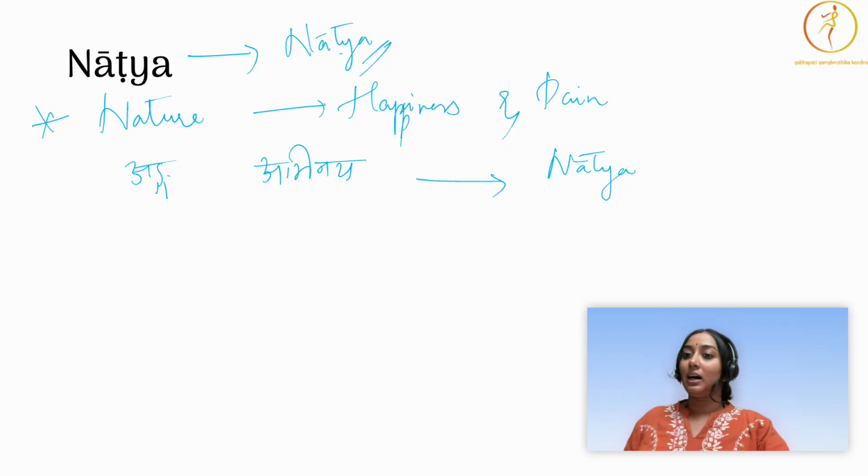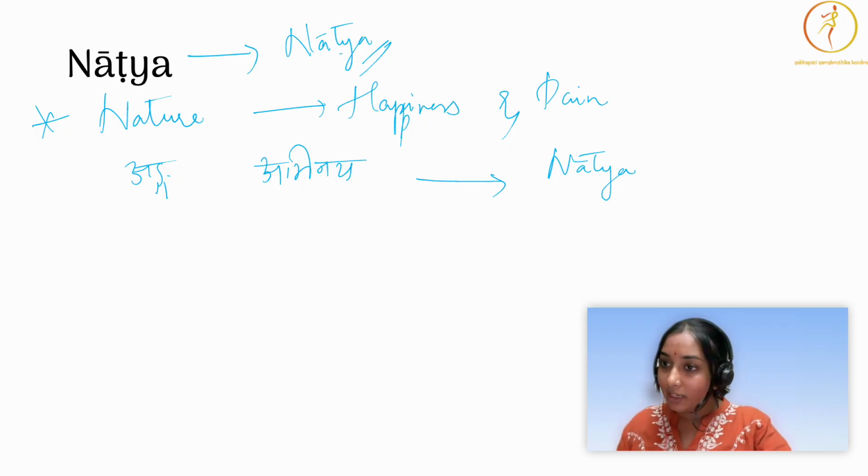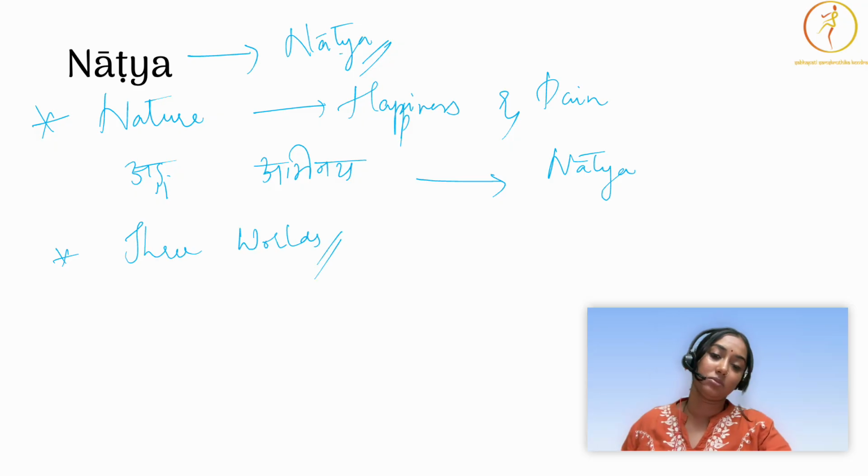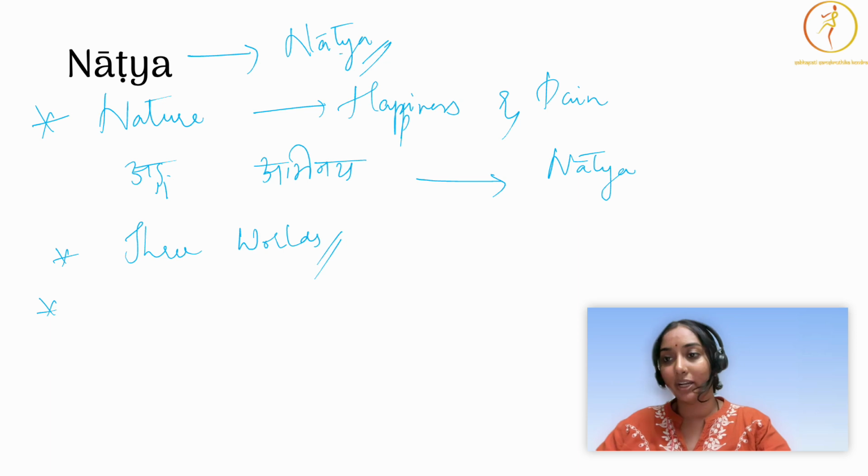He says, Trailokasya sarvasya natyam Bhavanukirtanam. So Natya is the representation of the reaction of all the three worlds. Further authors have gone to tell that it is a representation of all the three worlds, but that which is there in all the three worlds. Hence, Natya also portrays pain as much as it does happiness.